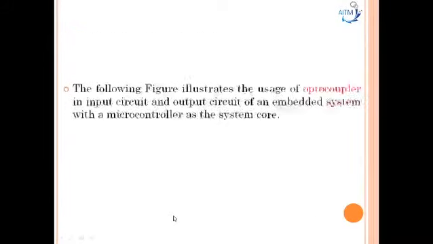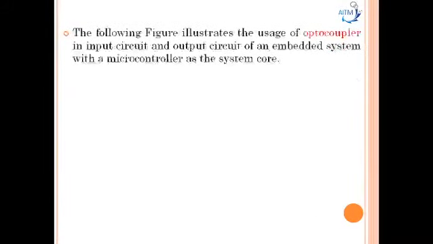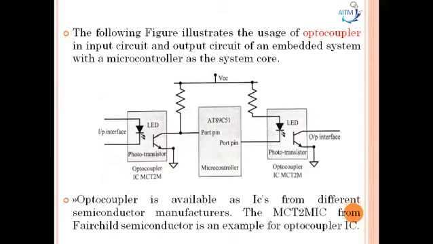The following figure illustrates the usage of an optocoupler in the input circuit and output circuit of an embedded system with a microcontroller as the system core here. So here the optocoupler IC MCT2M is used in the input circuit and the output circuit of an embedded system with a microcontroller, the AT89C51, as the system core.